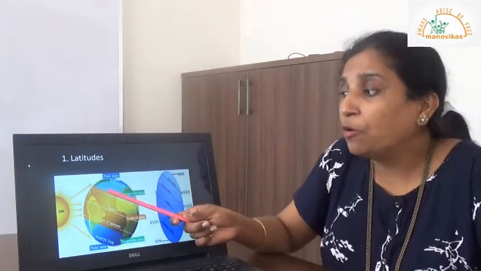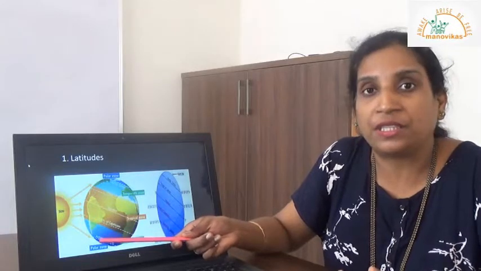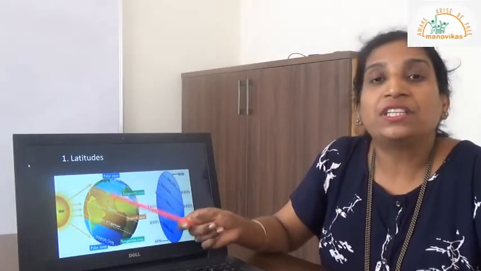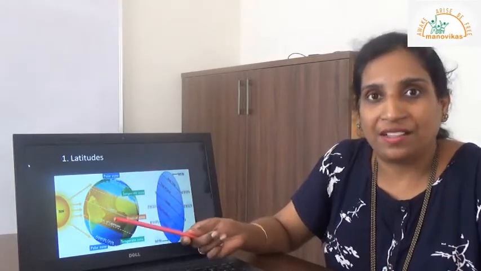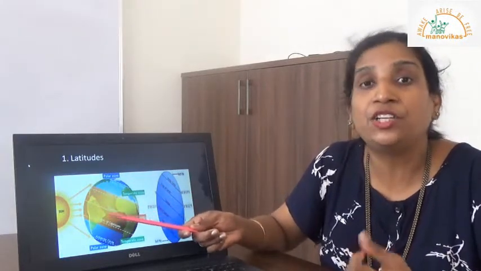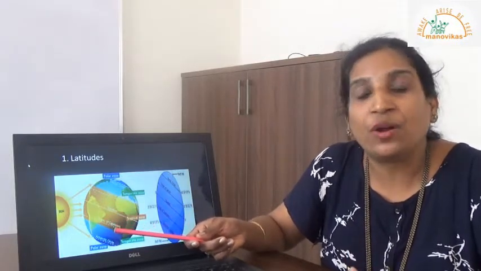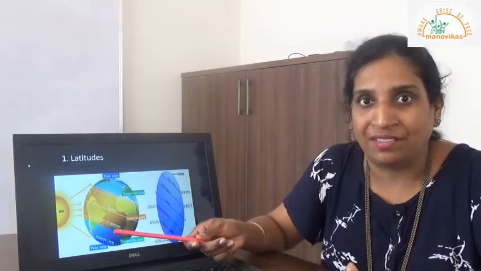Above the Tropic of Cancer, and below the Tropic of Capricorn in the southern hemisphere, we never receive direct vertical rays of the sun, because you can see here the spherical shape of the earth. This is basically due to the spherical shape of the earth. The light of the sun is not equally distributed on the earth.